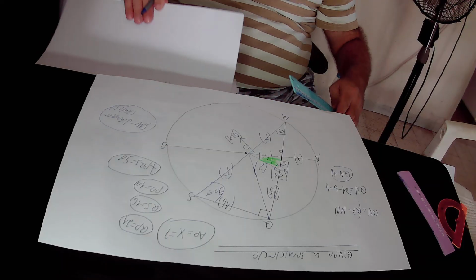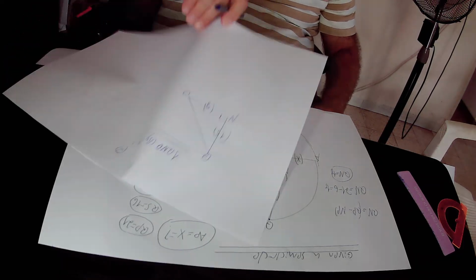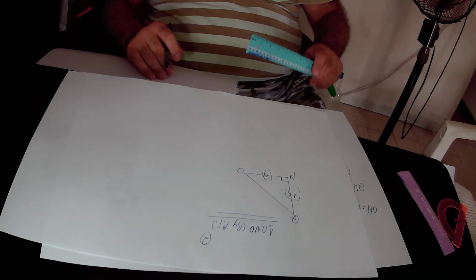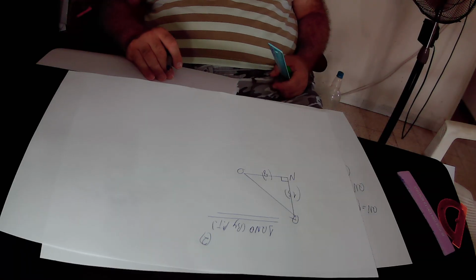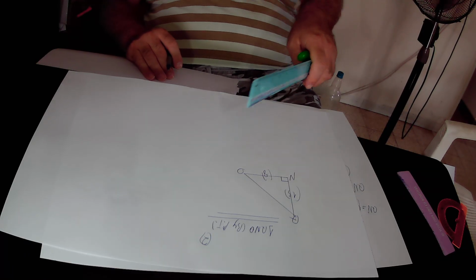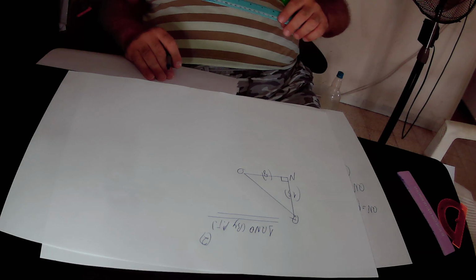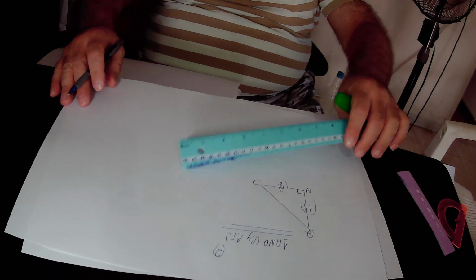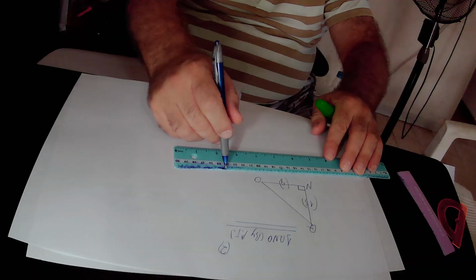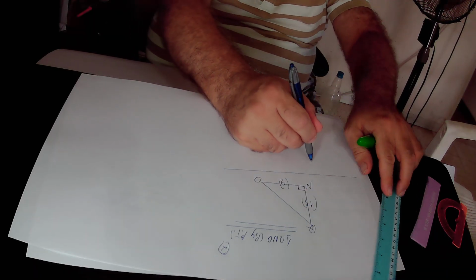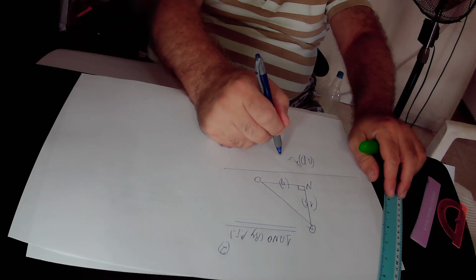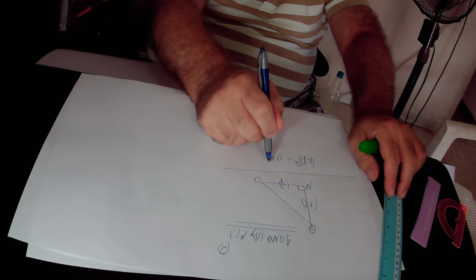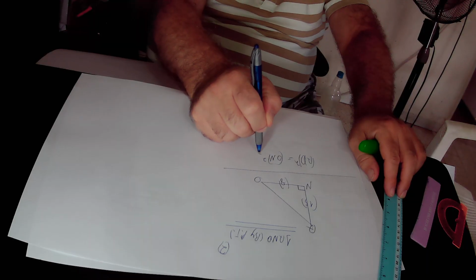So actually, this is the right triangle QNO that comes from the original drawing. According to the Pythagoras theorem, in this right triangle QNO, QO squared, that is the square of the hypotenuse, is equal to NO squared plus QN squared.